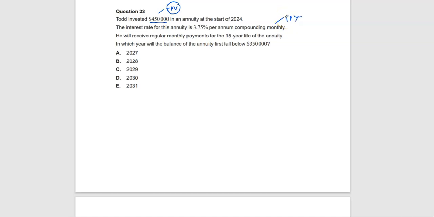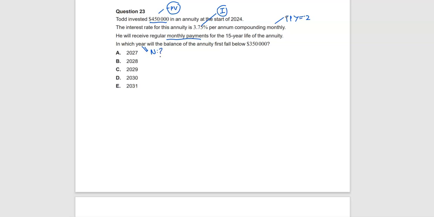He will receive regular payments, so we know he's going to get a payment, and the annuity is going to last 15 years. In which year will the balance of the annuity first fall below $350,000? So when they say in which year, N is going to be your question.